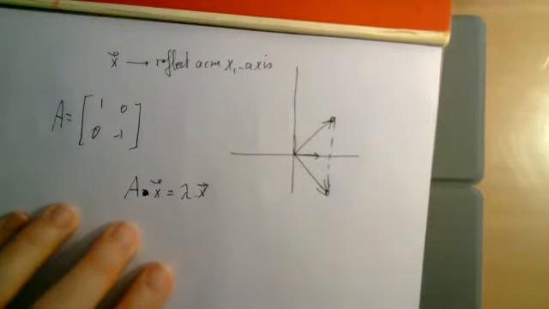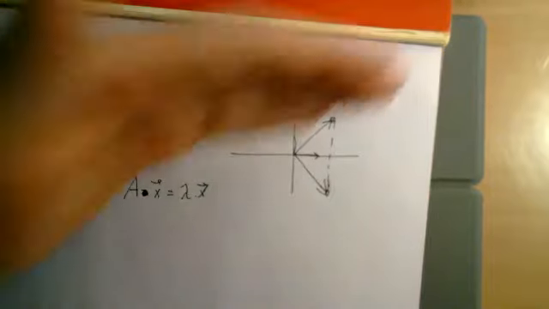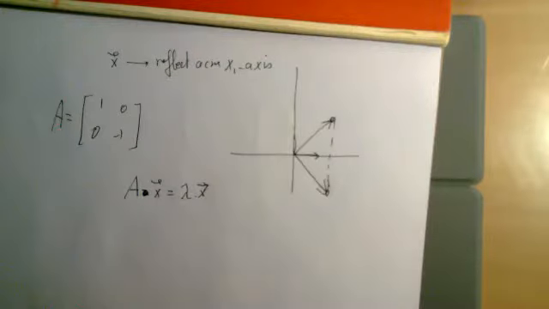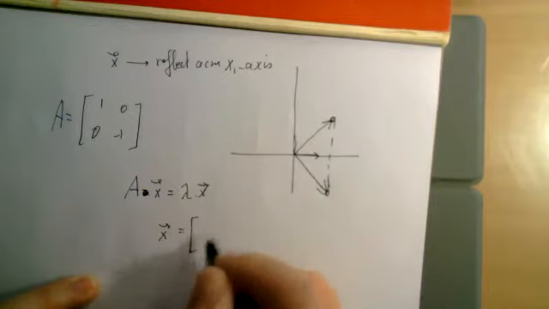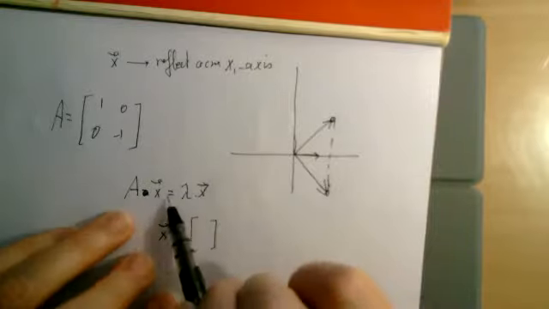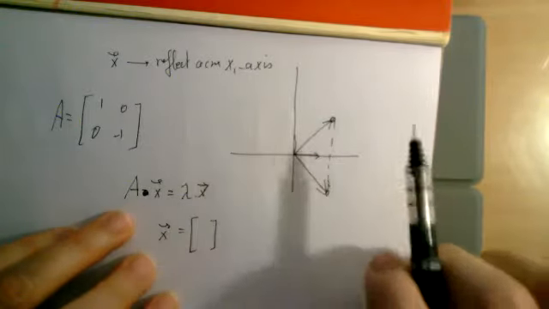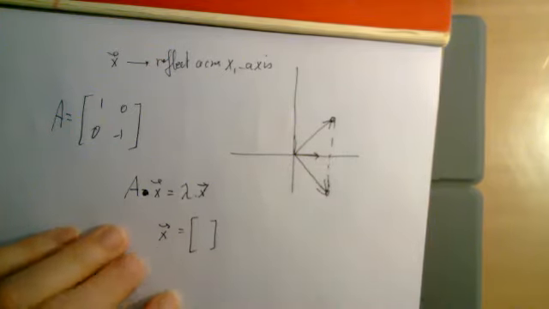Can you think of any vector that the only thing A does to it is not move it, it just stretches it? One, I want one, just to show you the effect. I know what A does, it reflects. When A times that vector, it should give just a stretch of the vector. Can anybody think of one vector where this will happen?